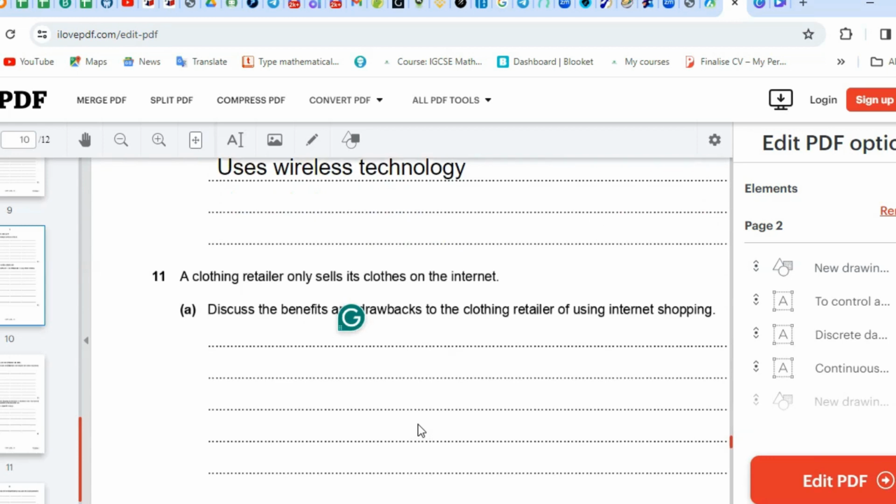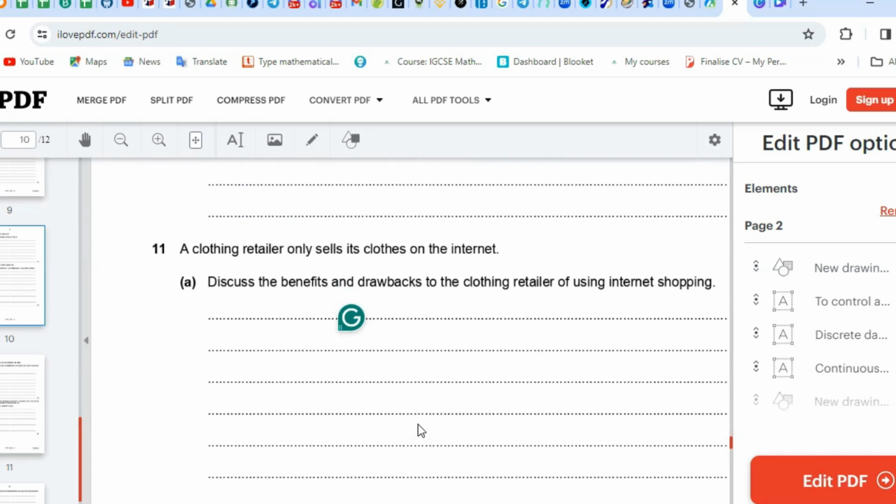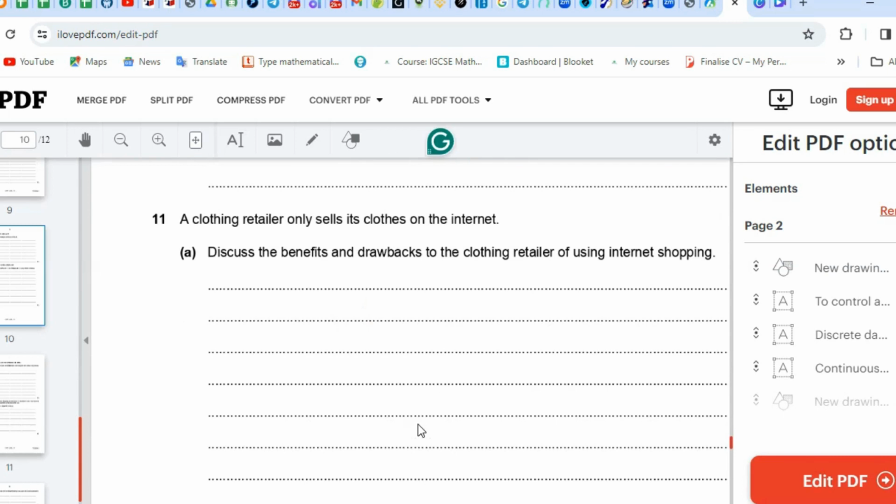Okay? So question 11 says, a clothing retailer only sells its clothes on the internet. Discuss the benefits and drawbacks to the clothing retailer of using internet shopping.